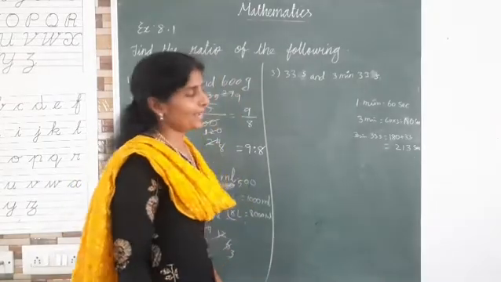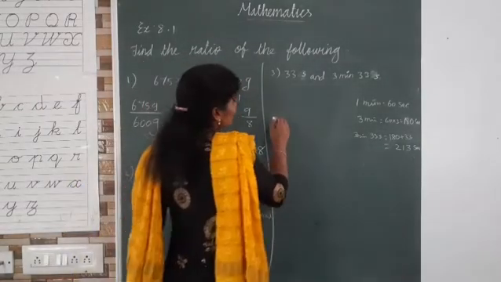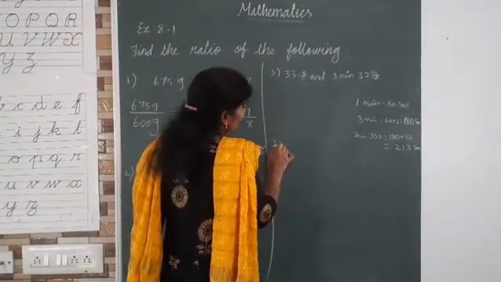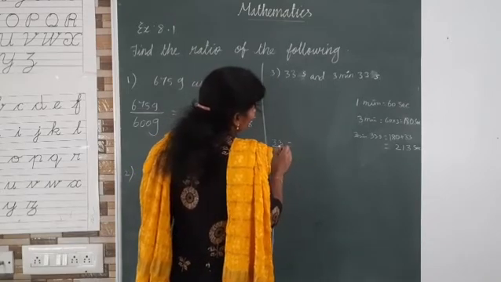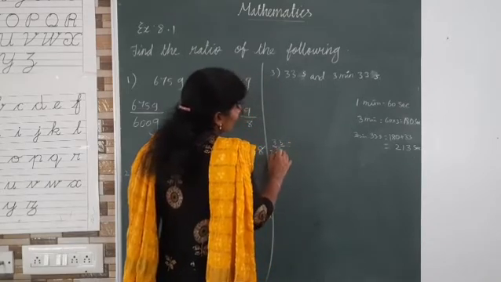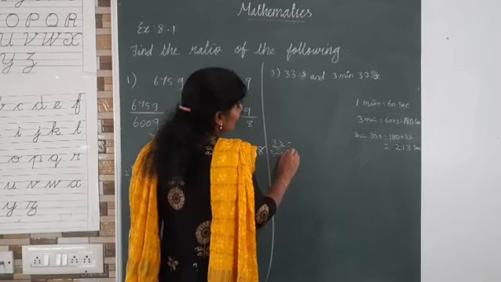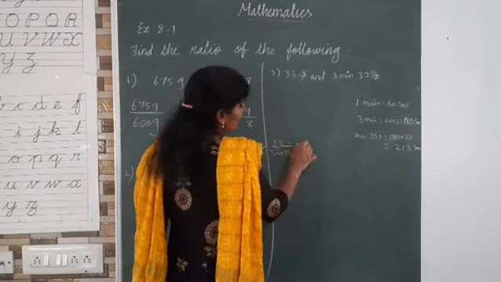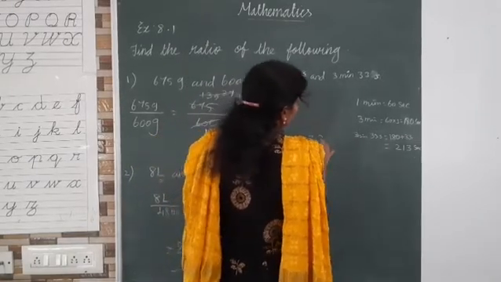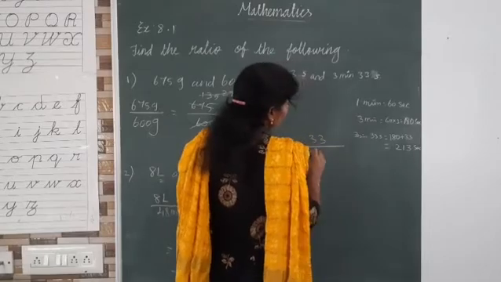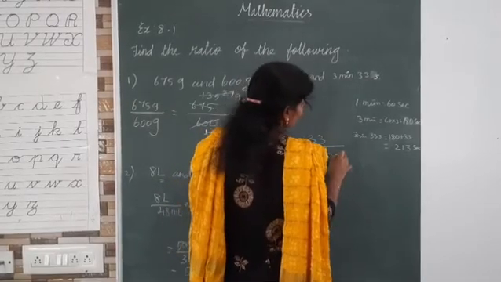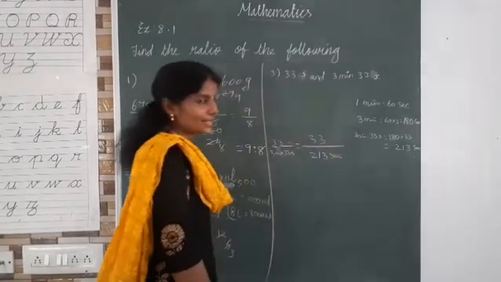So 3 minutes 33 seconds is 33 divided by 3 minutes, which means 213 seconds.